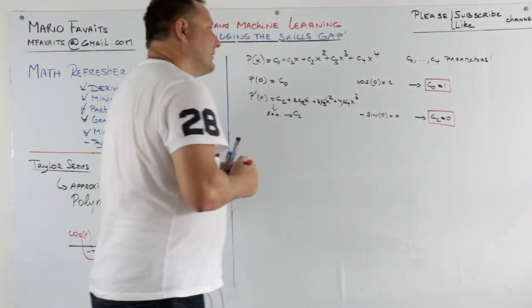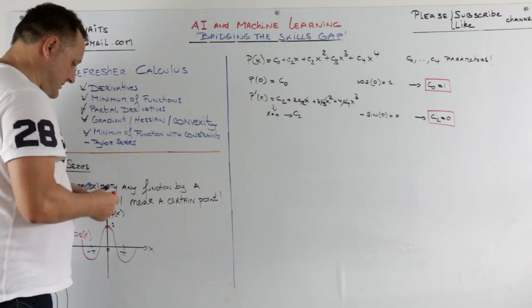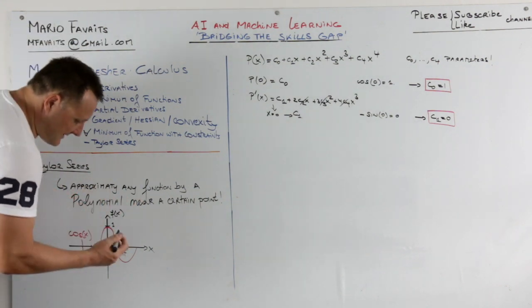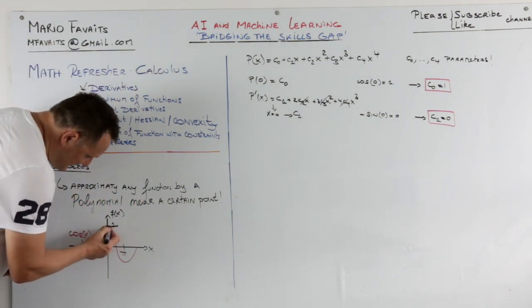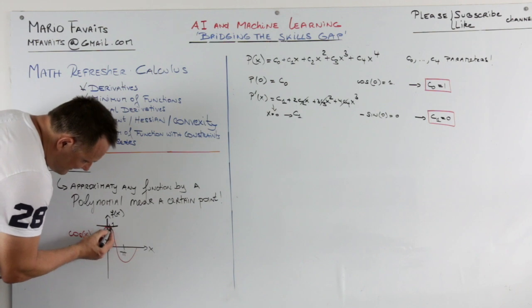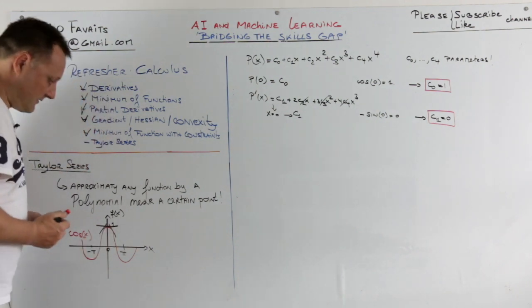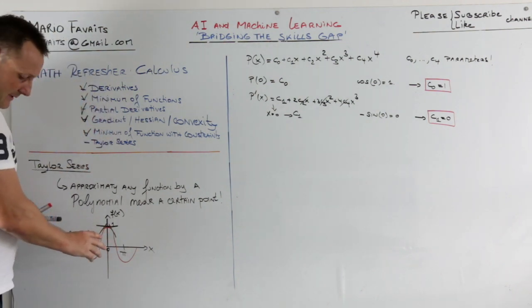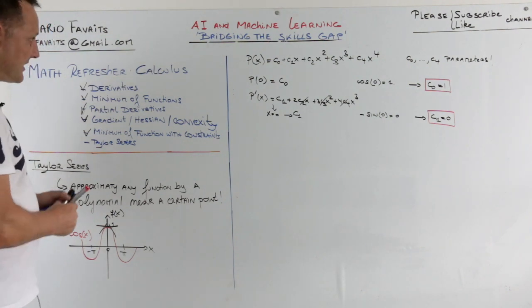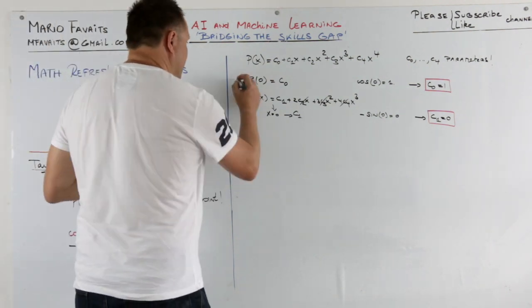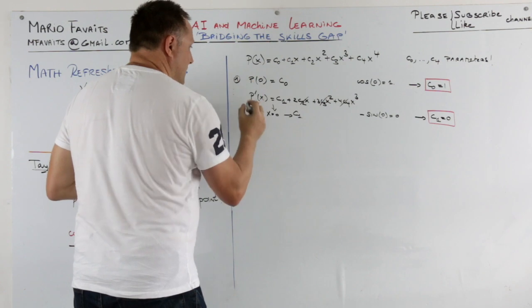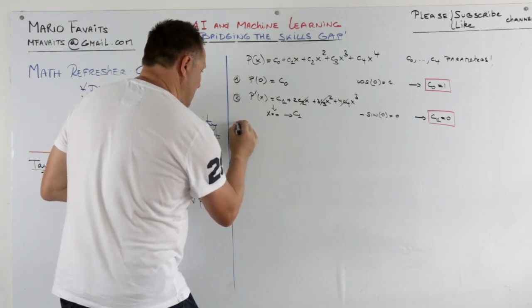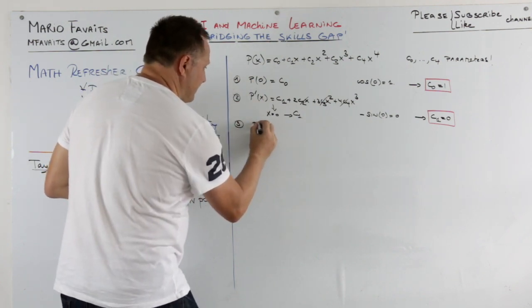So now we made sure that the first order derivative matches. Basically it means that these lines match, so close to 0 these will eventually match. So here we have the first one, this is the second one. Now we're going to take the next order derivative.